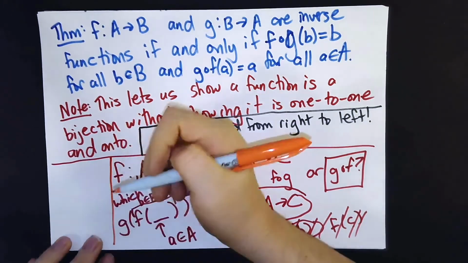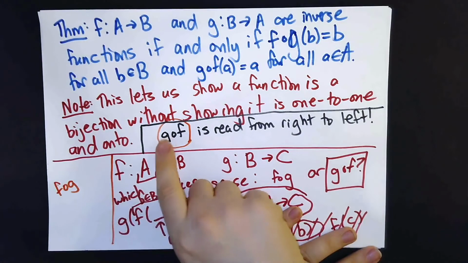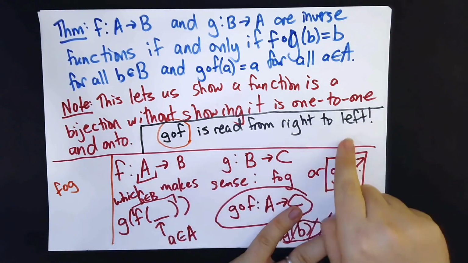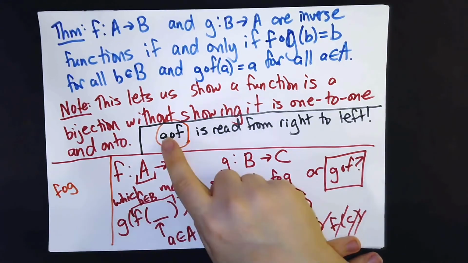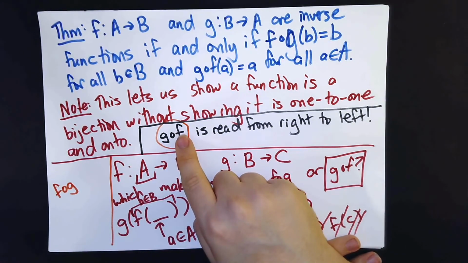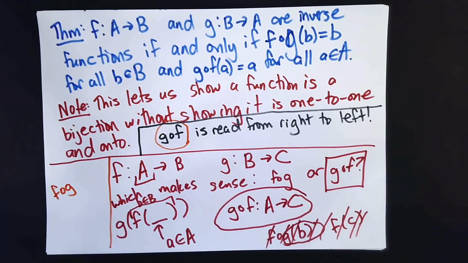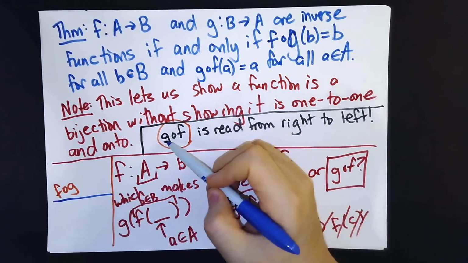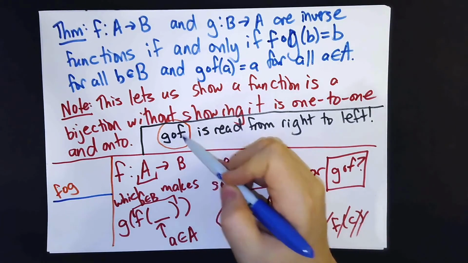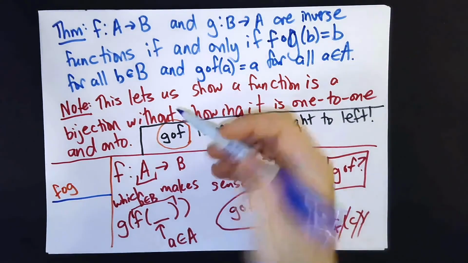Now, as a last note, I want to note that some people find this so upsetting that they go to really bizarre lengths to avoid having function composition be written from right to left. Here are two of the things that you will sometimes see people do. One is to, instead of writing function composition on the left, write it on the right.